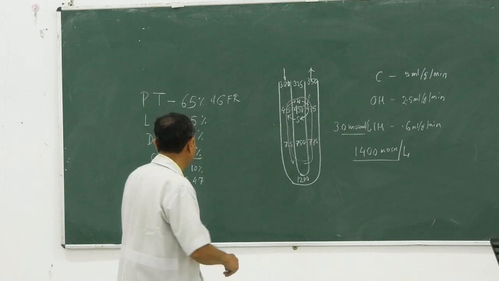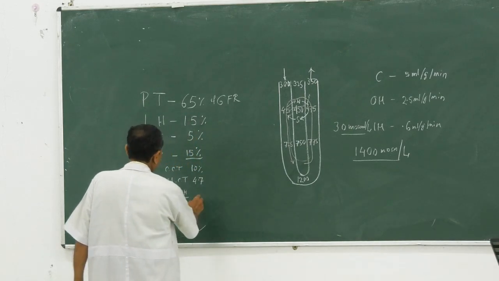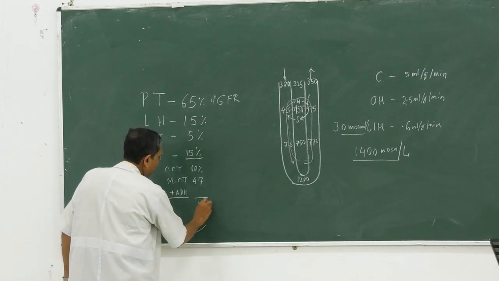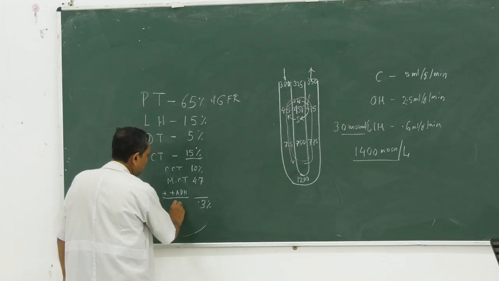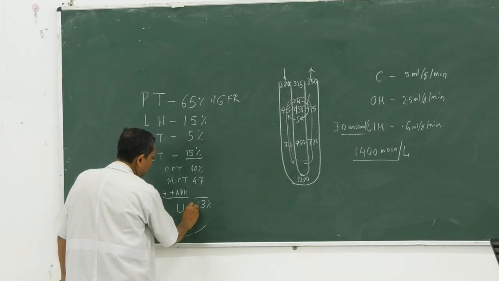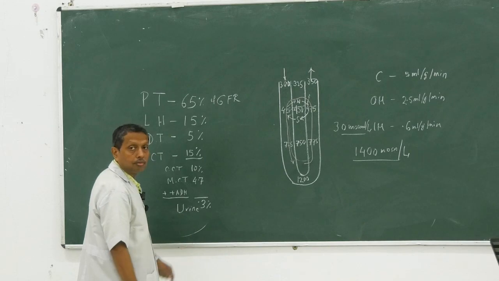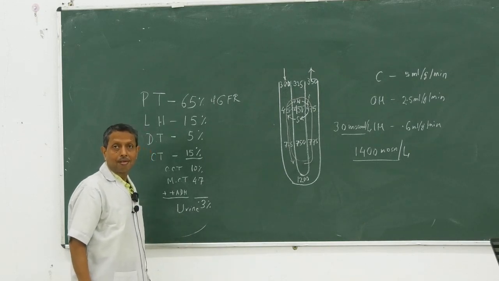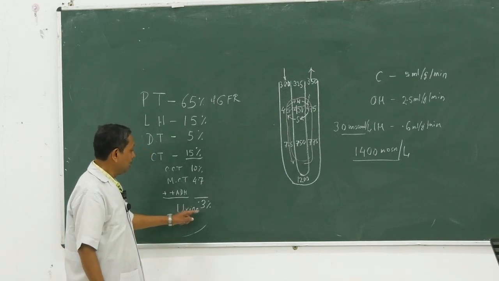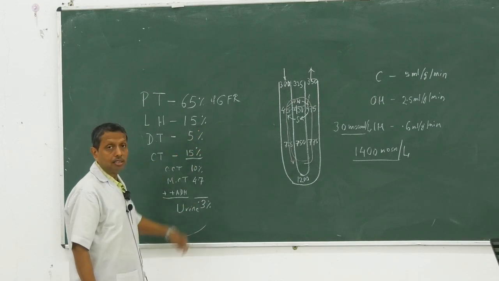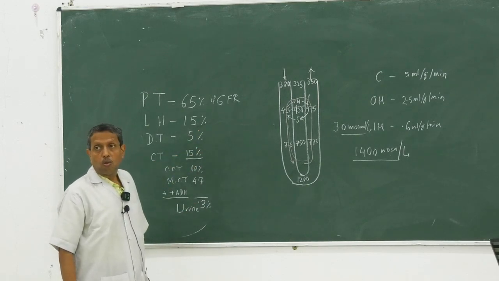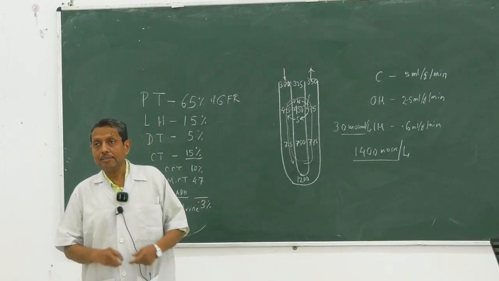So the remaining 0.3% of the GFR is present in urine. What amount is that per day?